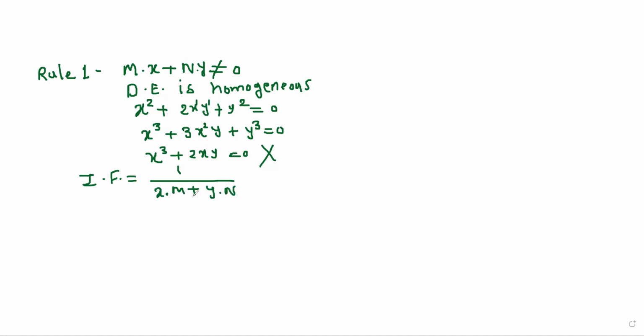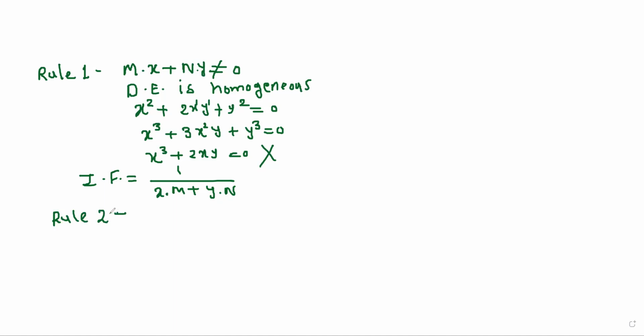Suppose this is your k, multiply it with your given differential equation and your equation will become exact. Then solve it by using the regular process of exact differential equations. So remember, rule number 1 is applicable when Mx plus Ny is not equal to 0 and the differential equation is homogeneous. Now rule number 2.